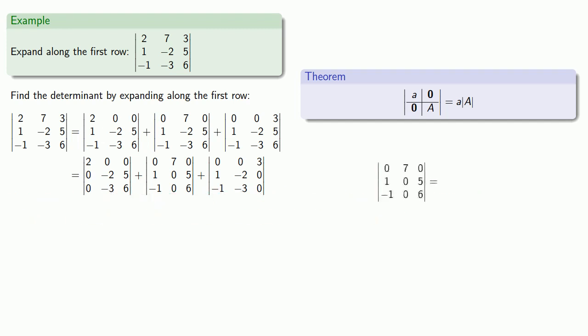So for the second matrix, if I switch the first and second columns, that will move this non-zero entry to the first column, first row position. And since we've switched adjacent columns, that will change the sign of the determinant. Equivalently, we'll be subtracting the determinant now.